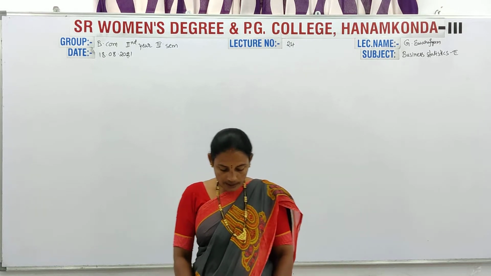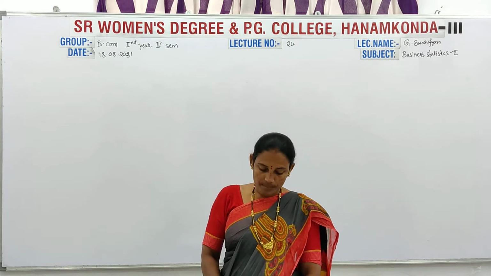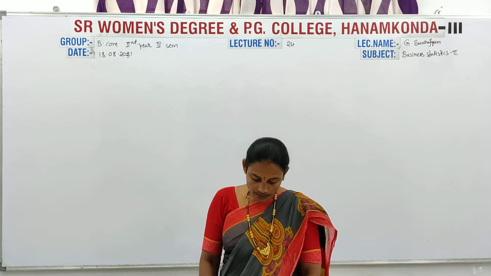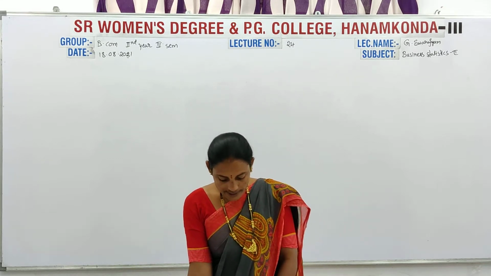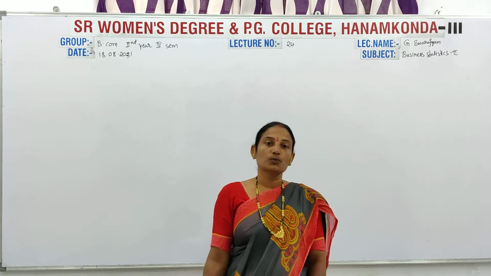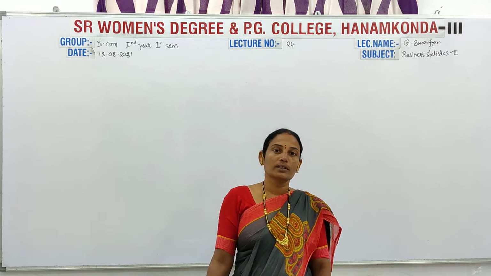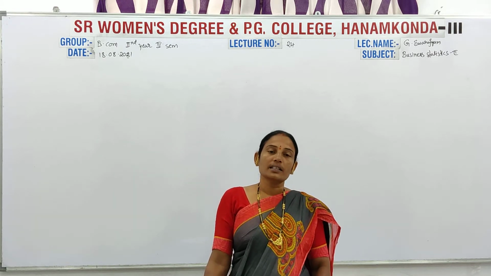So this is the 10th problem, page number C26. Assume a 4-yearly cycle, meaning 4 years. Even numbers are 2, 4, 6, 8, 10, and so on.